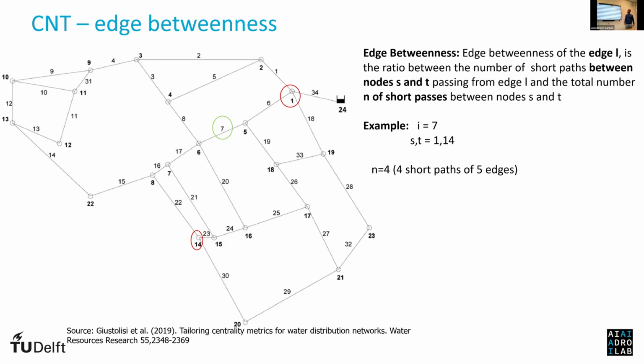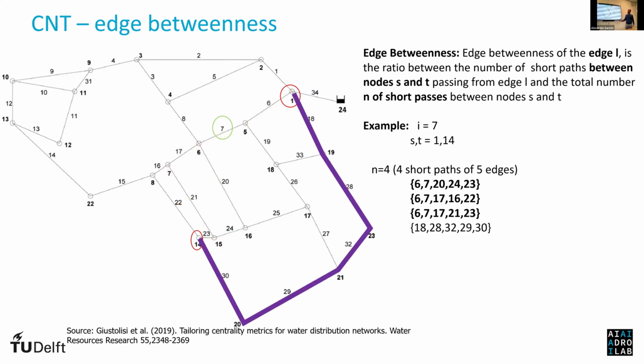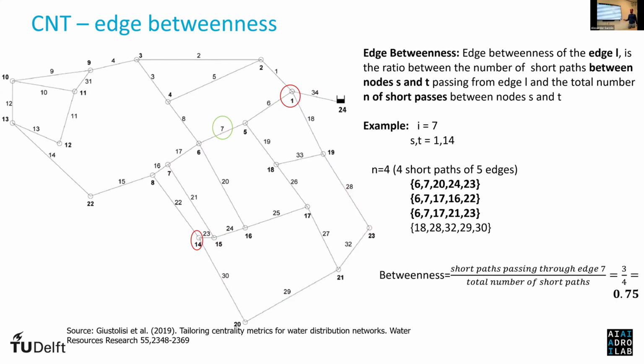We have 5 shortest paths: this one, this one, this one, and this one. As we notice from the shortest paths, we have 4 of them passing through edge 7 and just 1 not passing. So the edge betweenness for these 2 nodes is 0.75.